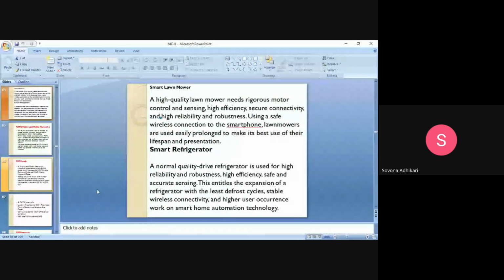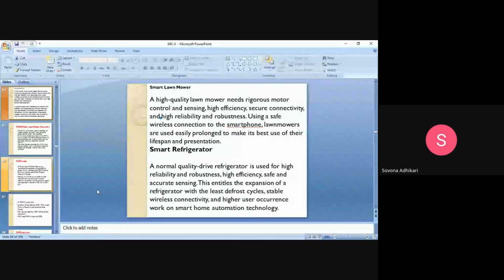Take the example of your AC. Also, you can remote control it by using your mobile phone, so you can operate the AC. Then the smart refrigerator. A high quality refrigerator is used for high reliability and robustness, high efficiency, safe and accurate sensing, with stable wireless connectivity and better user experience, working on smart home automation technology.